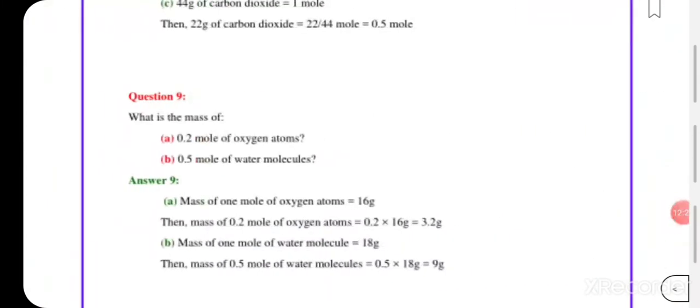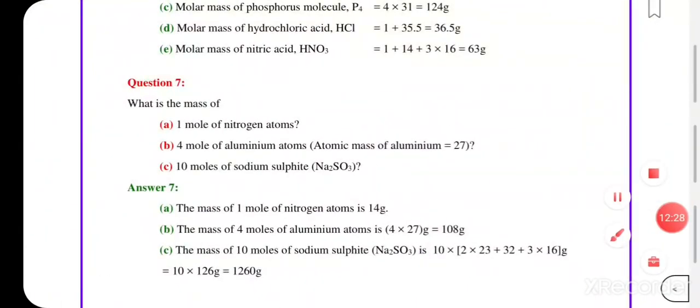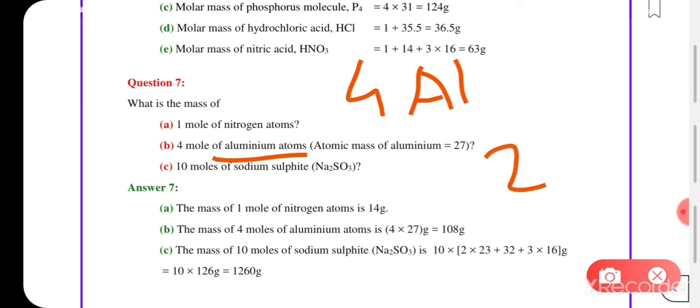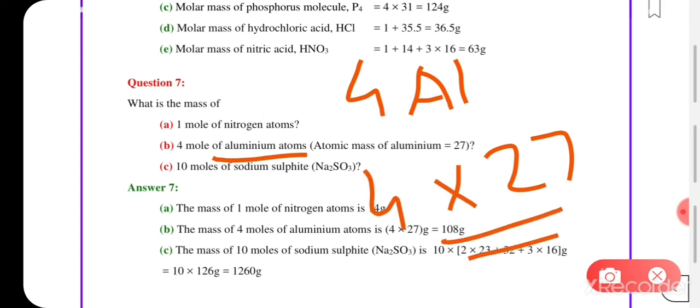So it is 4 moles of aluminium atom. The aluminium symbol is Al, and they are saying 4 moles of aluminium. So for each aluminium atom, atomic mass is 27. So for 4, it will be 4 into 27, and you get your answer. Okay, it is done over here.